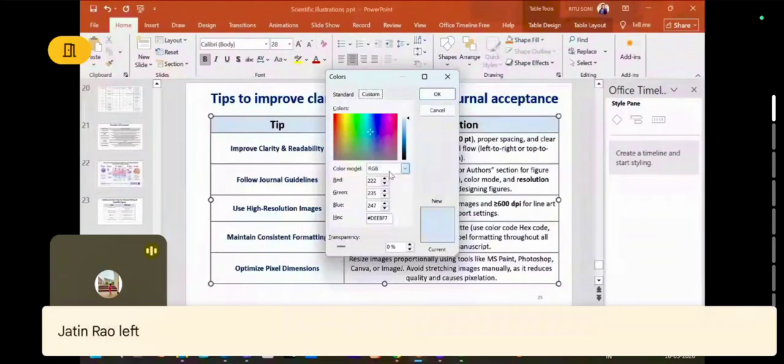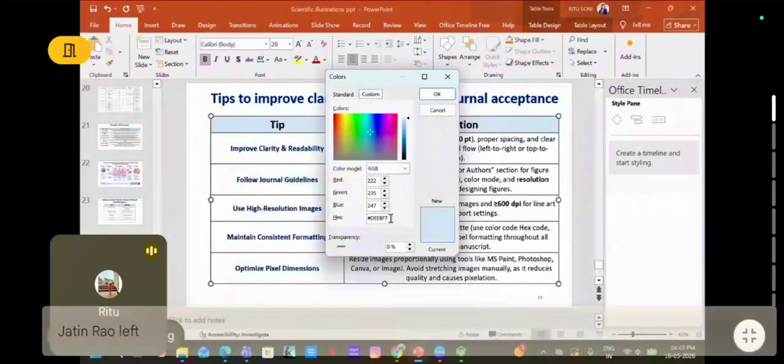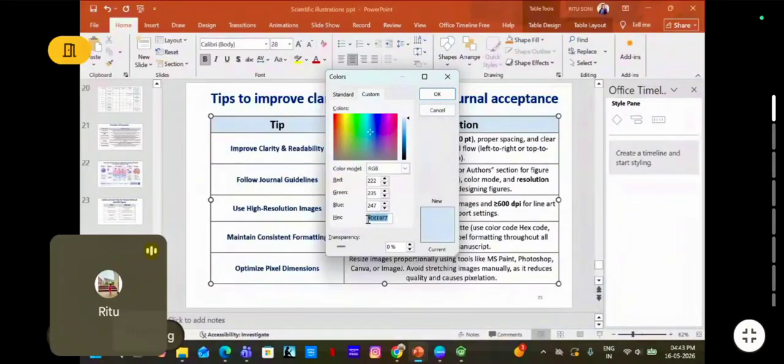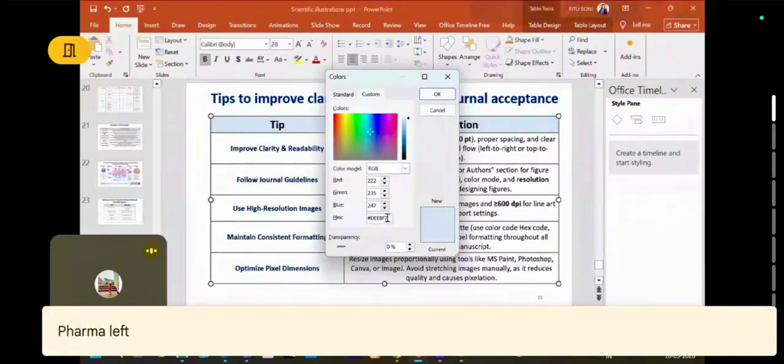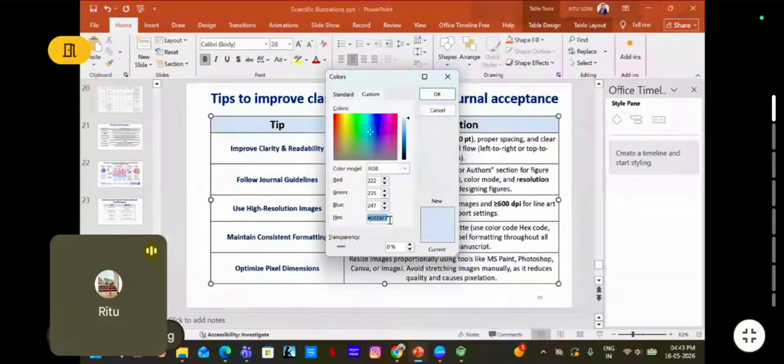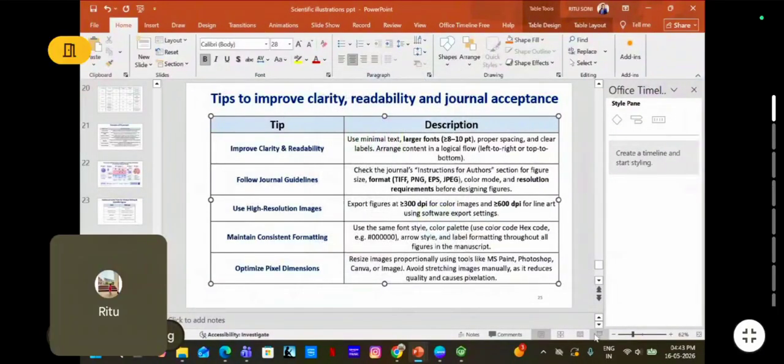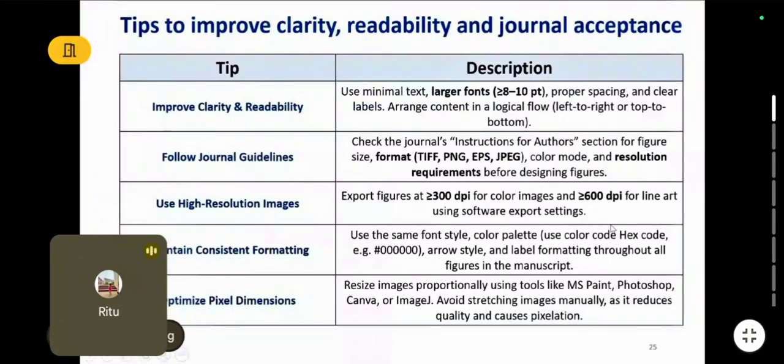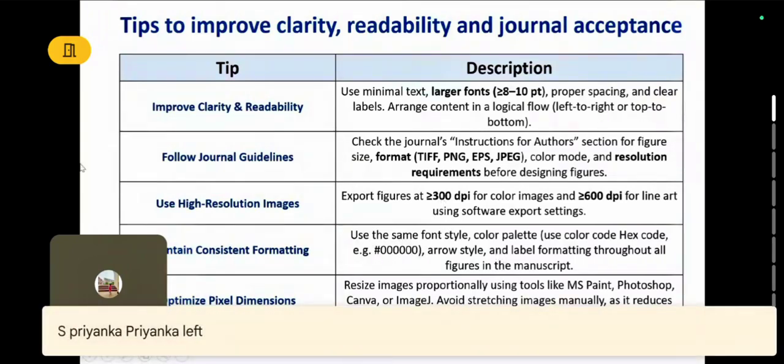For every color, when you go to more options, there is a hex code. So I suggest you refer to the hex code for colors for uniformity. Every different color will have a different hex code. That way you can maintain the uniformity of the colors in your figures. Like this is the color hex code for automatic, that is black.